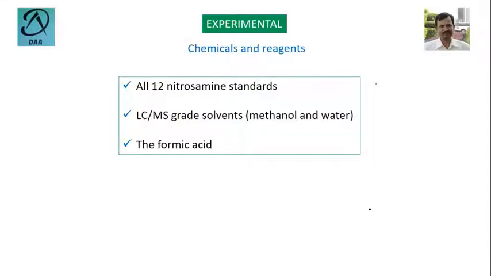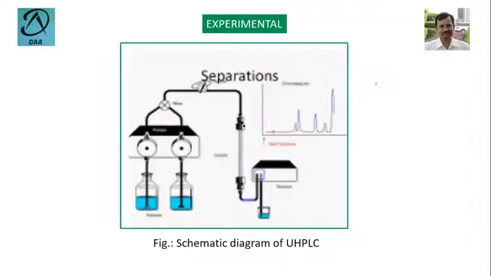So for the experiment, the chemicals and reagents needed are all 12 nitrosamine standards, LCMS grade solvents, methanol and water, and formic acid. Now we'll see the schematic diagram of UHPLC. So here you can see that a solvent bottle is there, two different solvents.